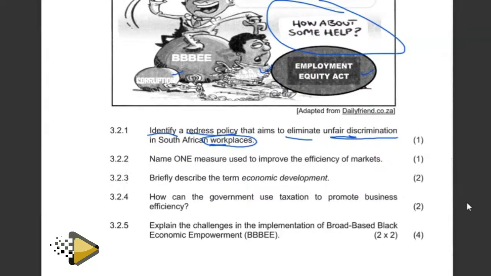Okay, right. So now the question reads, identify a redress policy that aims to get rid of or to eliminate unfair discrimination in the South African workplace. If you still remember, when we talk of unfair discrimination, it means that different sets of individuals at the workplace are not treated in the same manner, or they are not treated equally.